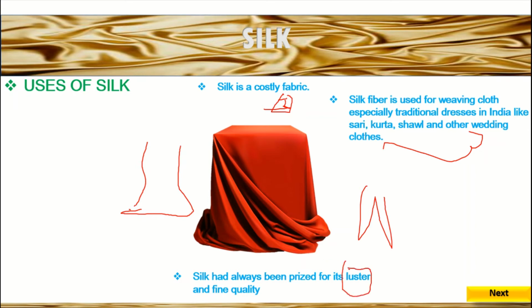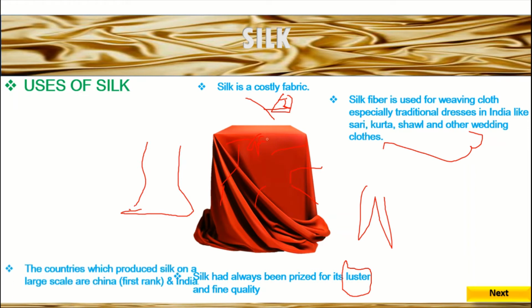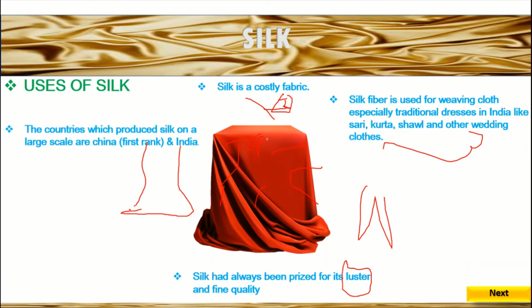In 6th class you learned about luster, right? Luster means a shine. It gives a very beautiful shine, and it is of fine quality.